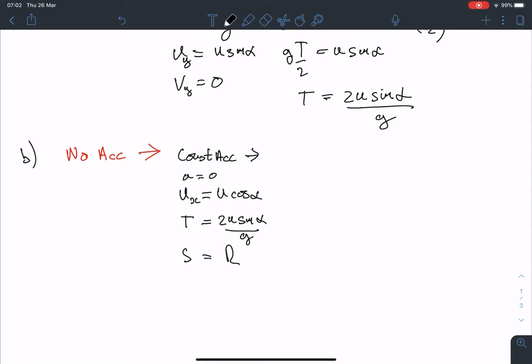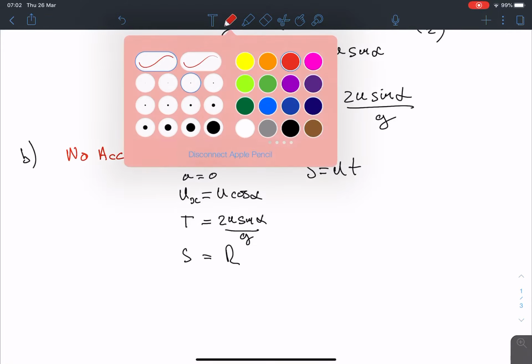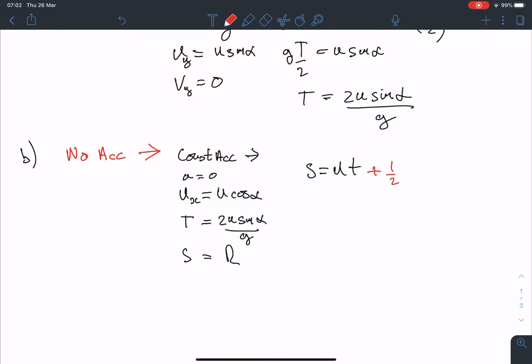So we look at our equation, and we know that it's going to be s equals ut, and we don't need to bother about the plus a half at squared because there's no acceleration.